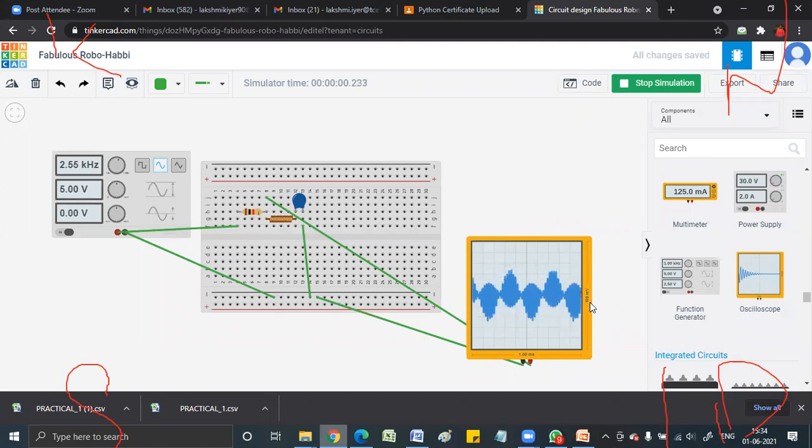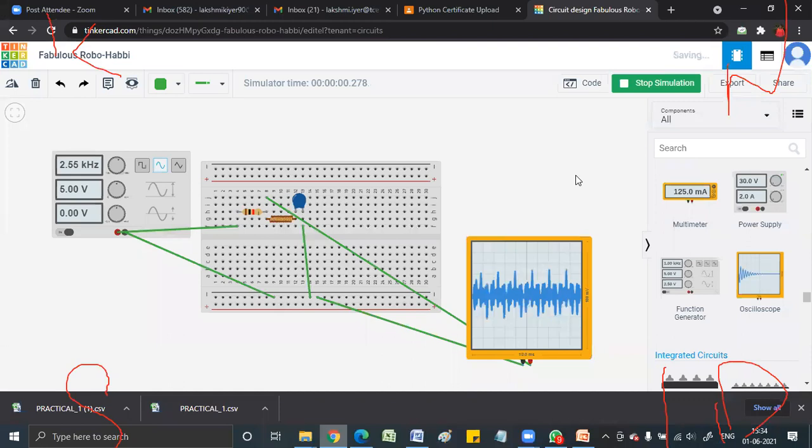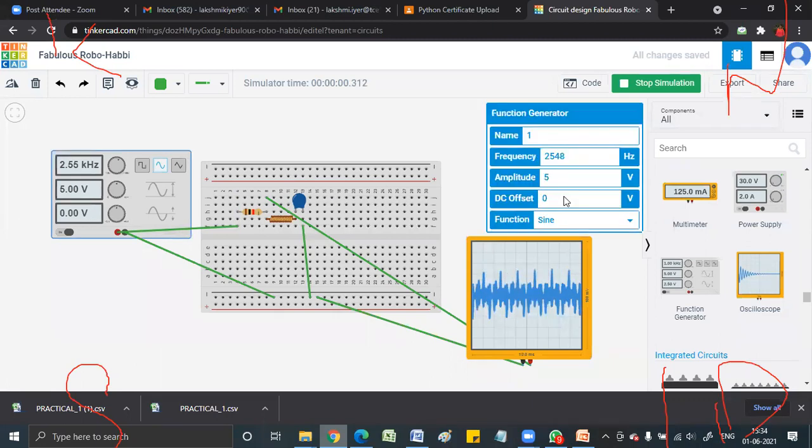So in order to look at the waveform in a clearer manner, let me just increase this. Let me get the waveform more closer. So I'll take 1 millisecond. See, the waveform has come more and more closer. And I'm also giving some offset. Say I give an offset of minus 1.5.